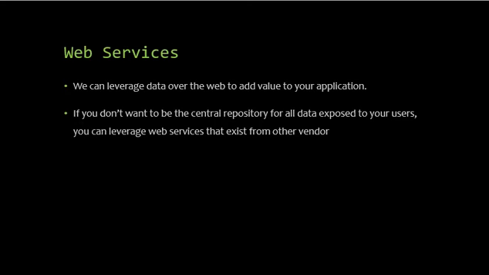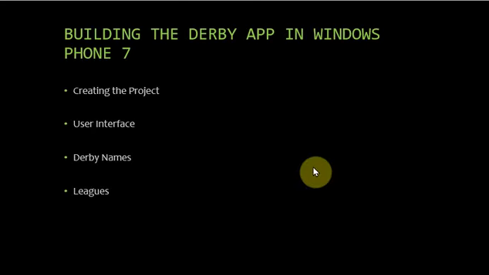Okay, next we'll go to the next point, that is about building an application, that is building a Derby app in Windows Phone 7. Under this we are going to see some points: creating the project, user interface, Derby names and leaks.